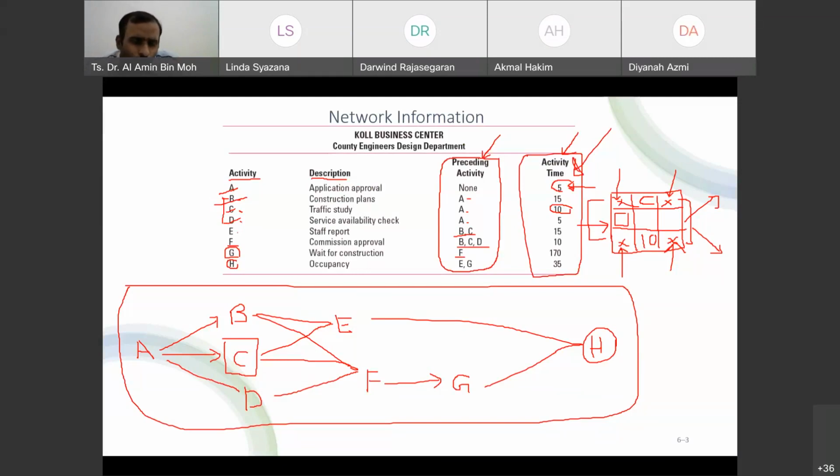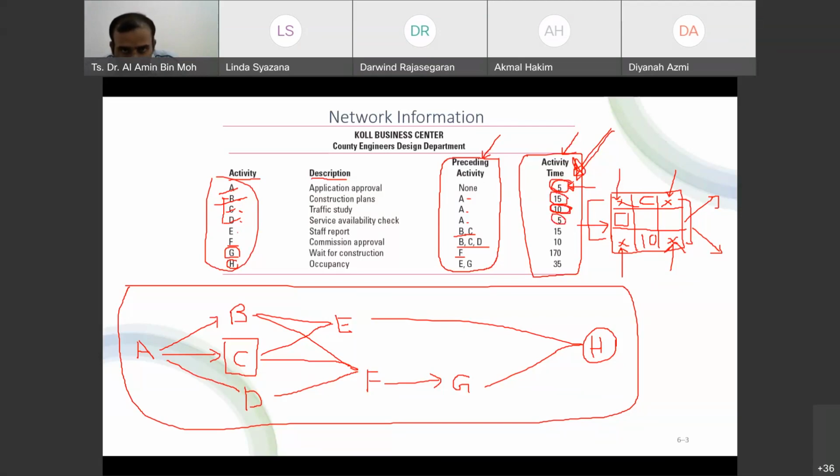So how can we say exactly for all these activities that this is the exact activity time to complete? How can we say this activity is going to be 5 days, this activity 15 days, this activity 10 days, this activity 5 days? How do we know? How can we confirm that this is the exact time that's going to work?